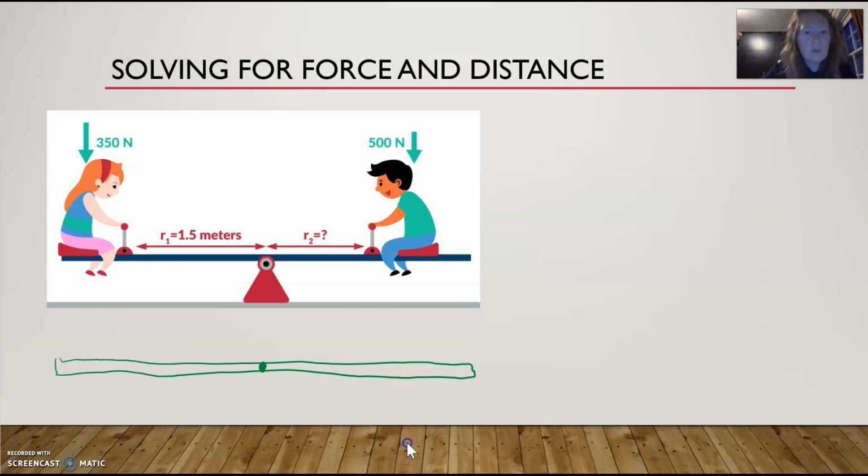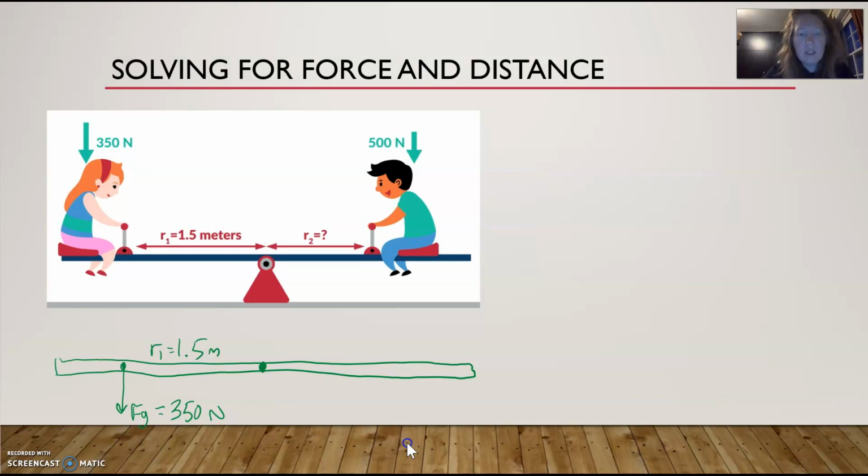And so I guess we're sort of treating this girl's downward force, her normal force, basically, or her weight, you could think of it as, right there. Okay, and that's a distance from the axis of rotation of the 1.5 they gave us.